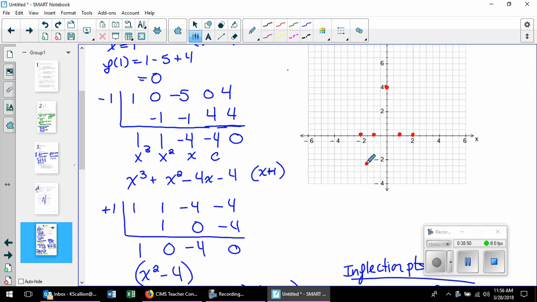So there, and I'm going to have another one over here. So I've graphed my relative max, my two relative mins, my x-intercept, and my y-intercept so far. Last thing to graph are my inflection points, and they happen at negative 0.91 and positive 0.54.